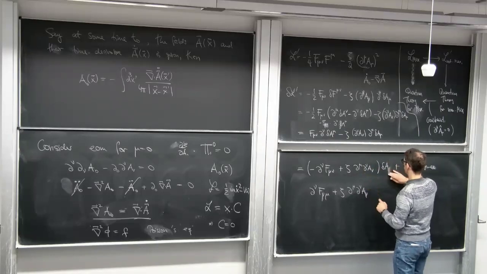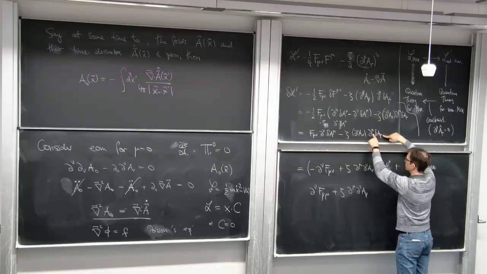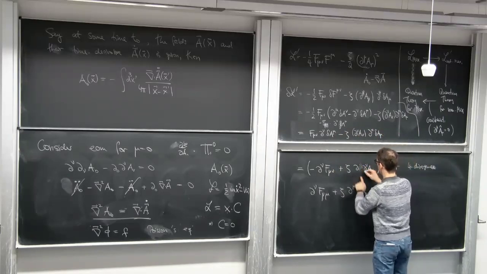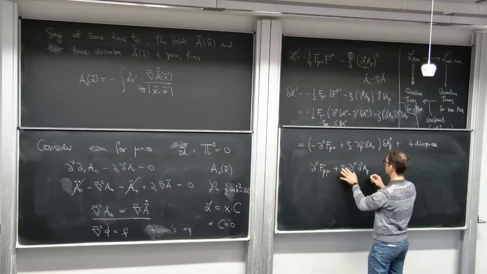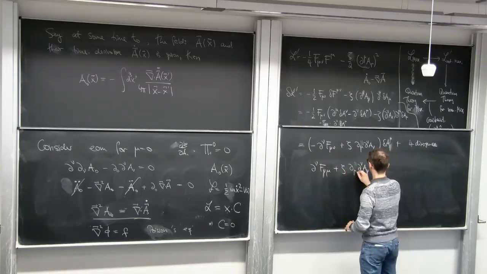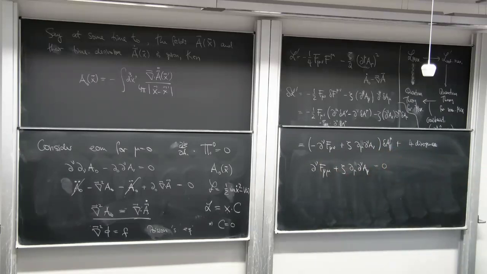Then it has to be up. Let's do the upstairs index because it's upstairs. And this one needs to be upstairs, so that needs to go down. Now it looks better. Turn them around. Nu equals 0. That's my equation of motion.